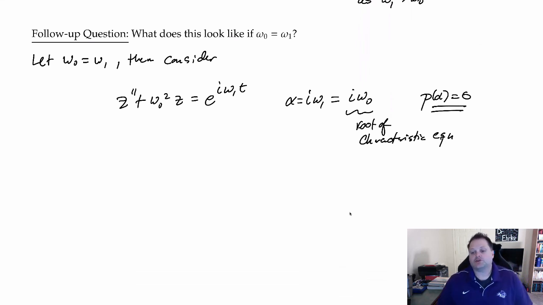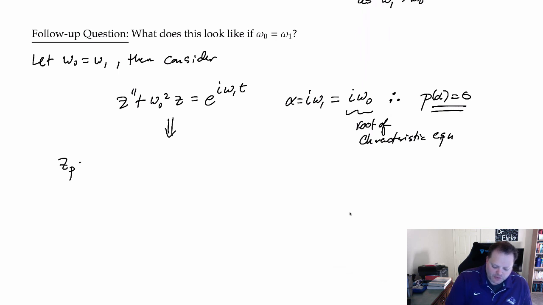And so if you go back and look at your notes from Monday's class, then in the case where the characteristic equation at alpha is 0, in other words, alpha is a root of the homogeneous equation, then you're in case 2, which means that your solution zp, this complex solution, isn't the exponential divided by P of alpha, because P of alpha would be 0. It's actually t times the exponential divided by P prime at alpha.